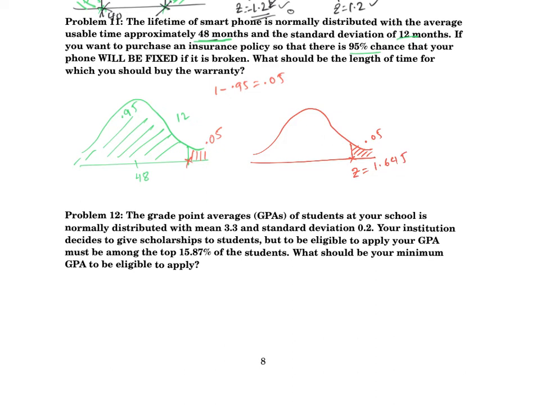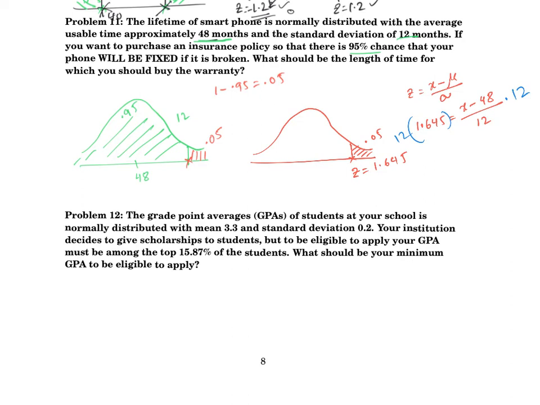Now you just use the formula z is equal to x minus mu over sigma, so 1.645 is equal to x minus mu, where mu is 48 months, divided by sigma, which is 12 months. Now multiply both sides by 12, and then simplify. That should be the answer. So that should be the number of months for which you should get the insurance.